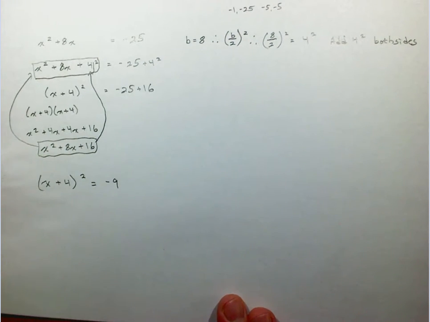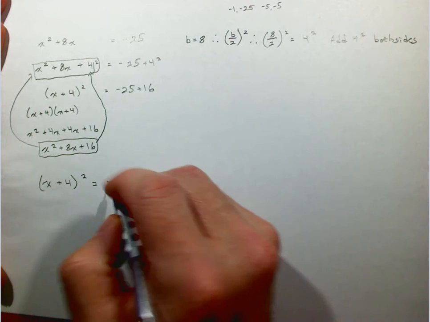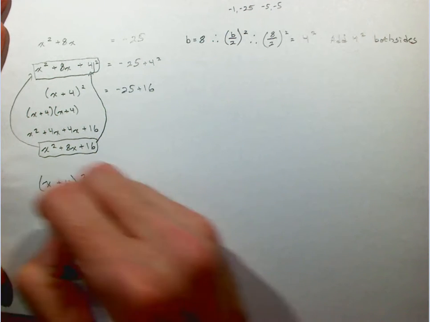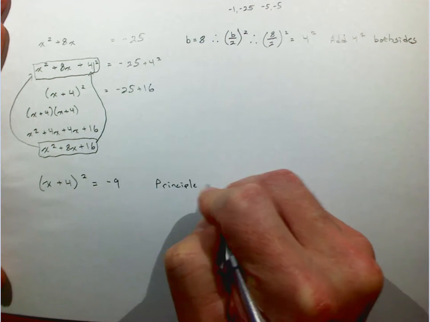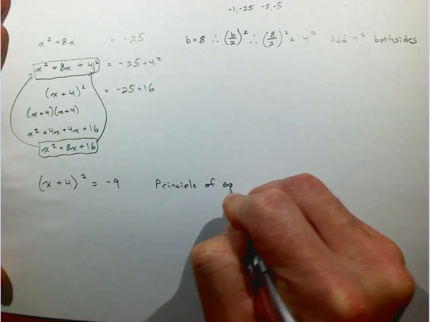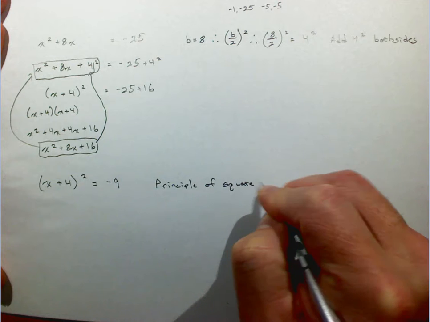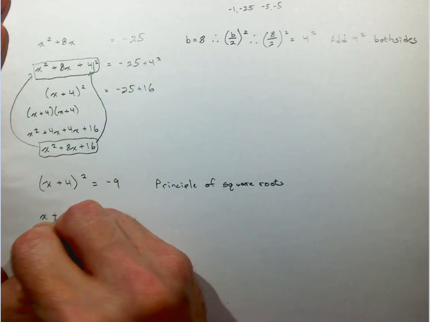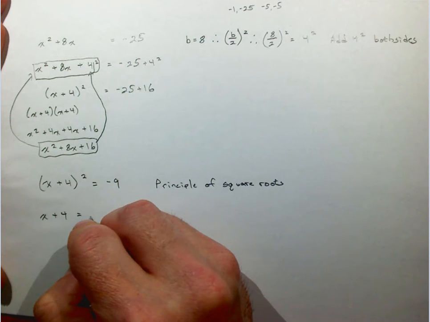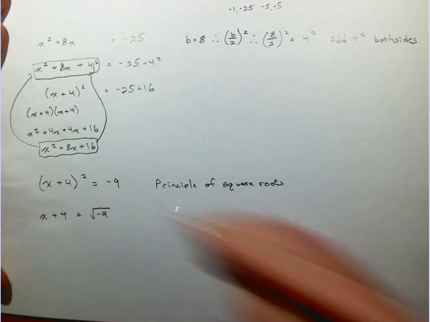Principle of square roots. So I take the square root of both sides. So that results in x plus 4 equals the square root of negative 9.